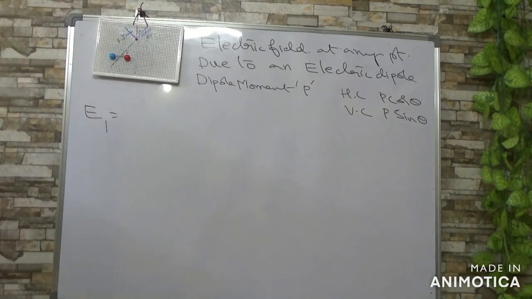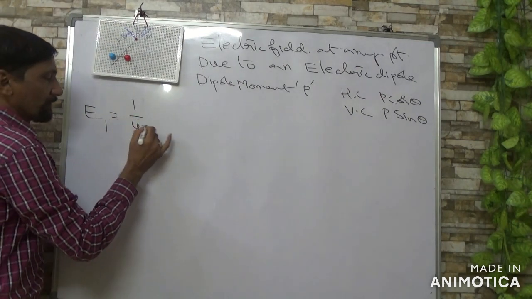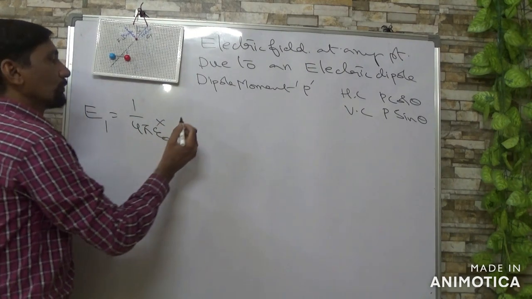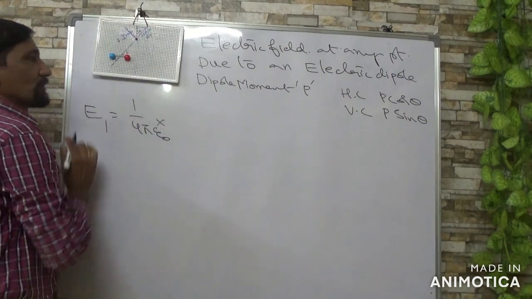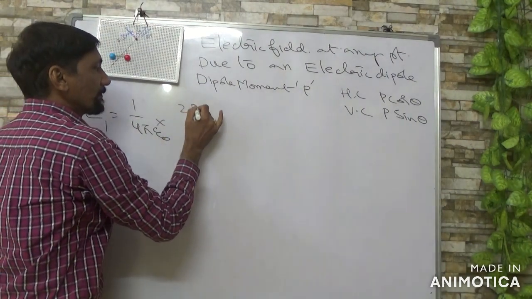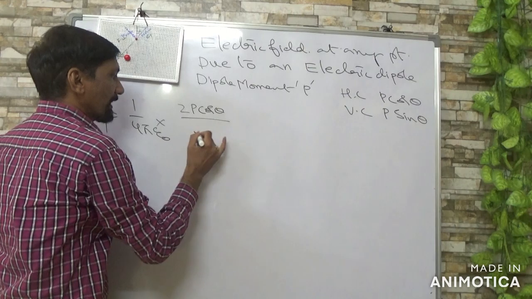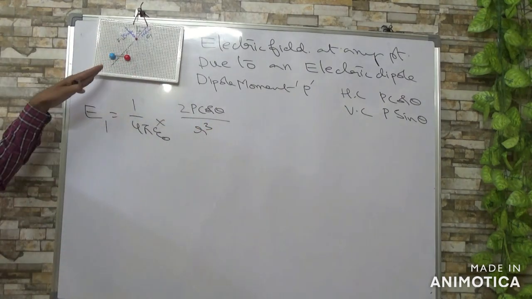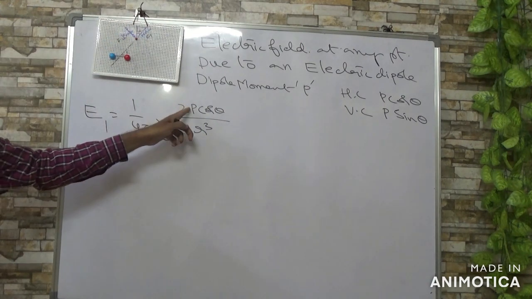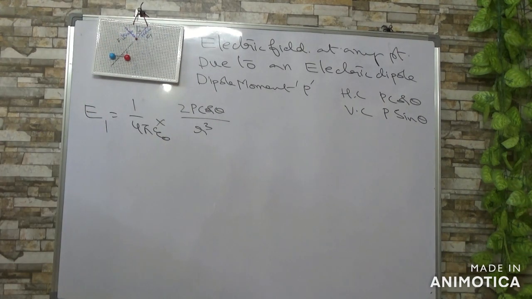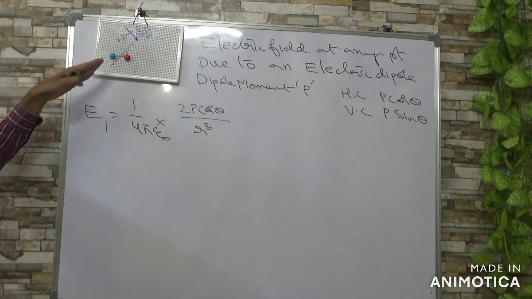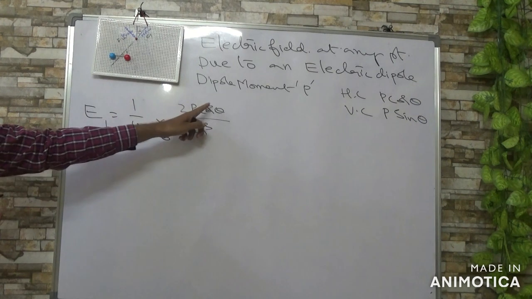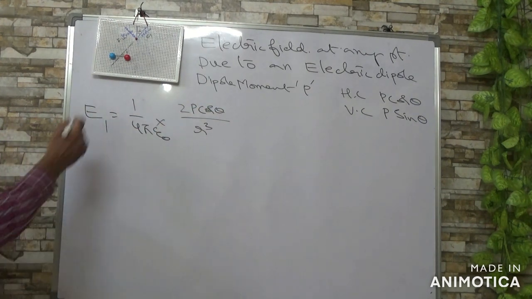Along this direction, 1 by 4 pi epsilon naught into 2p cos theta by r cube, since it is axial. 2p by r cube along the horizontal direction, so that is why it is p cos theta. So the strength of electric field along this direction is 1 by 4 pi epsilon naught 2p cos theta by r cube.